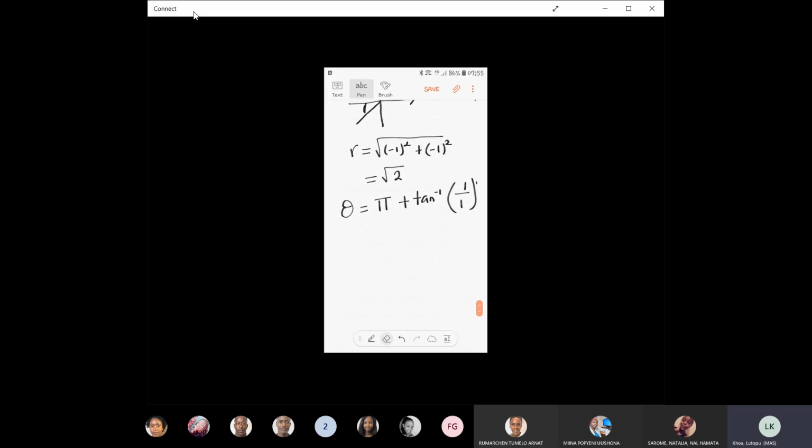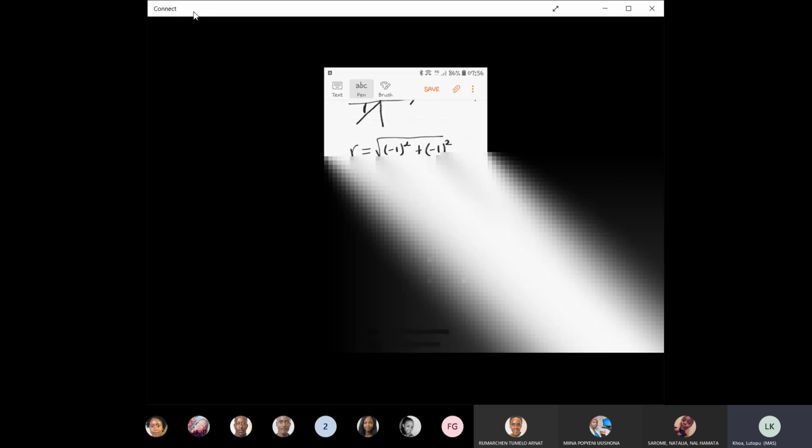Then again, remember this must be in radians if you're going to write it in exponential form. If it's easier for you to find it in degrees and then convert it, that is fine. But I recommend you get used to writing it in radians straight away. So you can set your calculator to radians. It's not difficult to do.